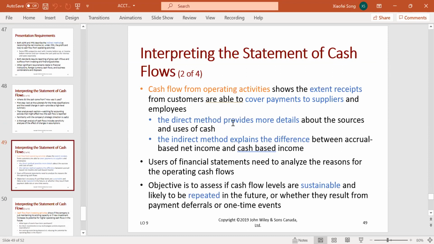Now, one thing you may notice is that operating cash flow typically is much greater than net income. Not always, not 100%, but in the vast majority of situations CFO is greater than net income.